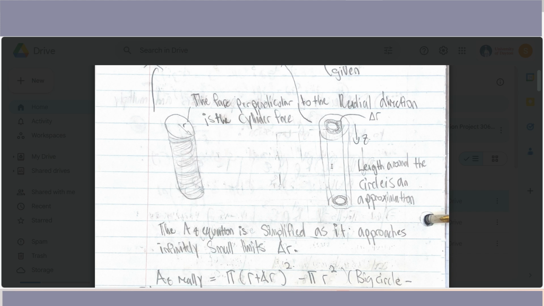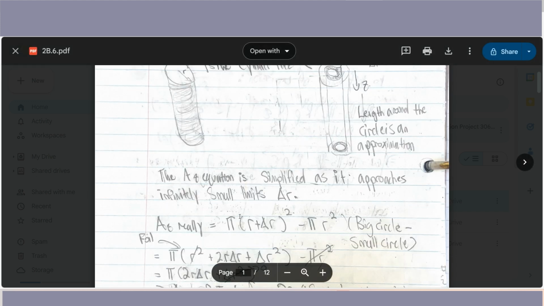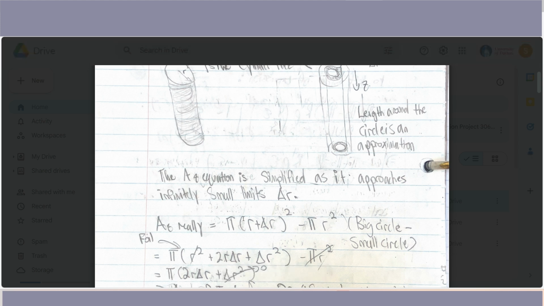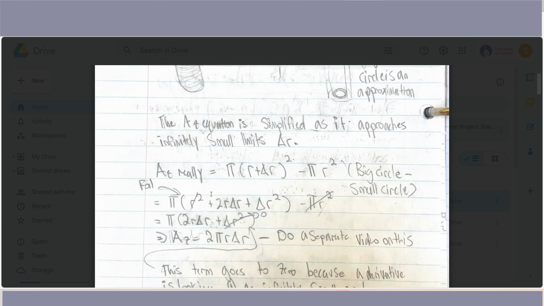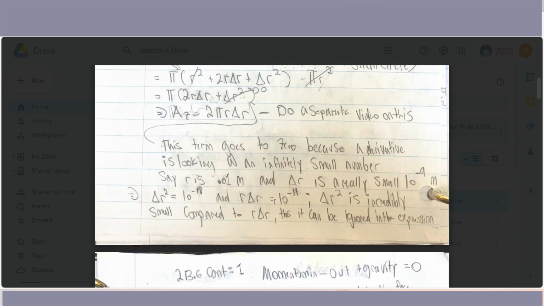So it's the area of the larger circle, pi times r plus delta r squared, minus the area of the smaller circle, pi r squared. If you multiply that out, this cancels, and this is left. And this term also cancels because delta r squared is infinitely smaller than delta r, because delta r is an infinitely small value.